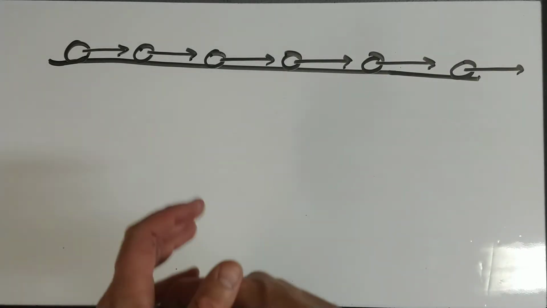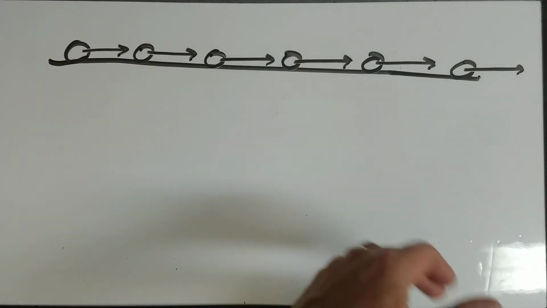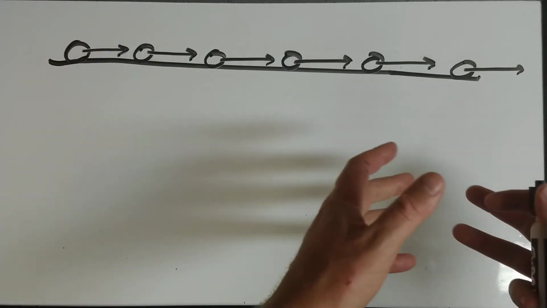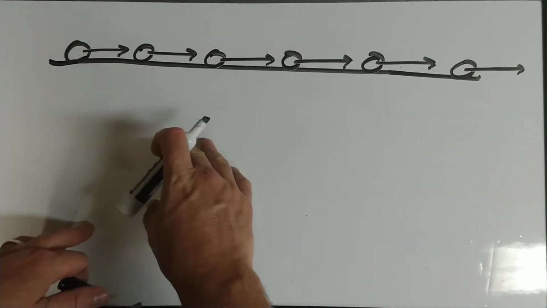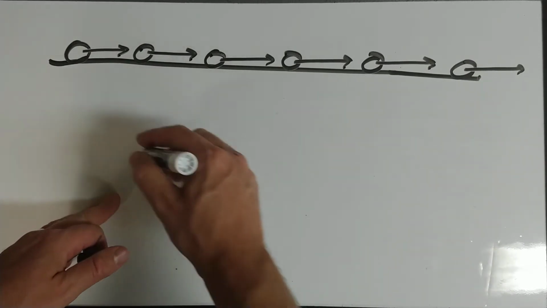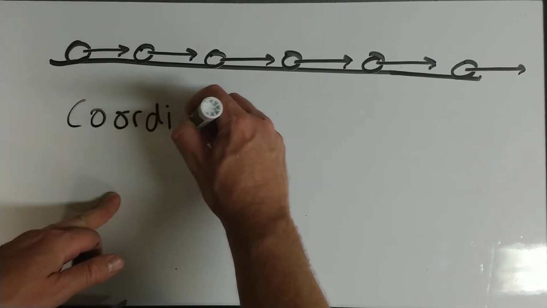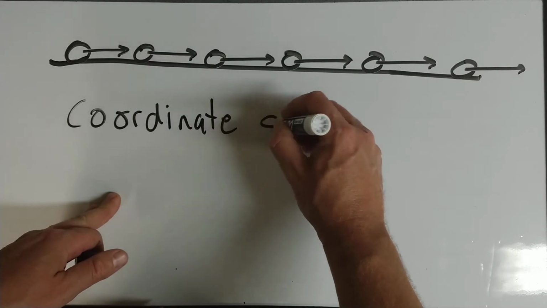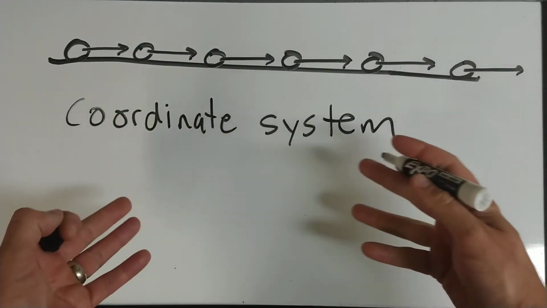What I want to do really quick is make a graph of this object's motion. But before I do that, I need to introduce a concept called coordinate systems, okay? Coordinate systems, or system. All right, what's a coordinate system?